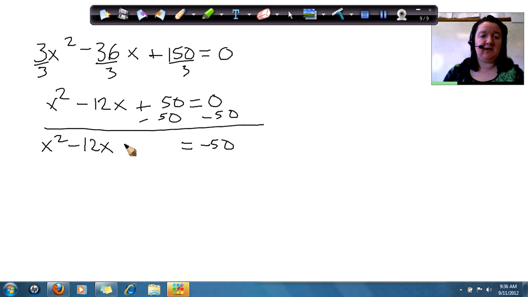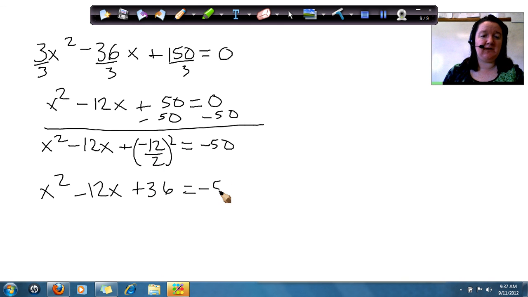We want to find our c value, so we're going to take a negative 12 over 2 and square it. So we have x squared minus 12x, and then a negative 6 squared, which is 36, equals a negative 50.